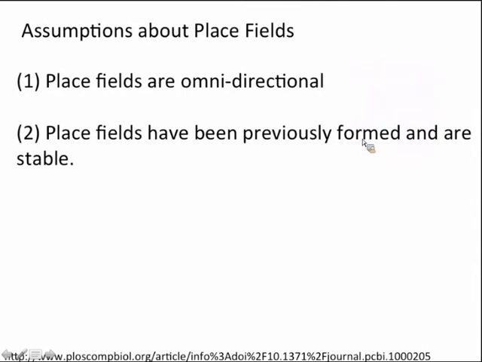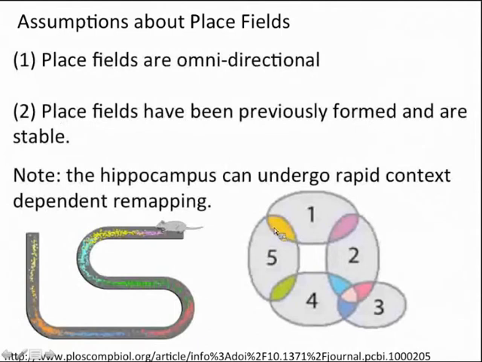Assumption 2 is that place fields have been previously formed and are stable. Basically, what this means is that if you put the rat into this maze, you will get a particular place field, and it will form within the brain.